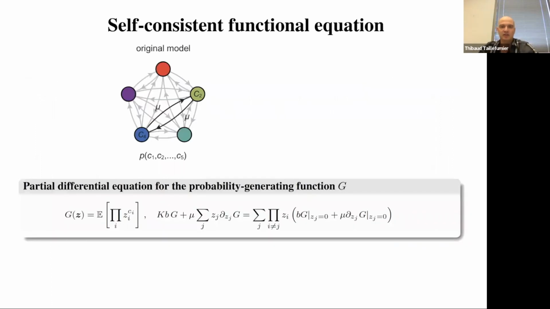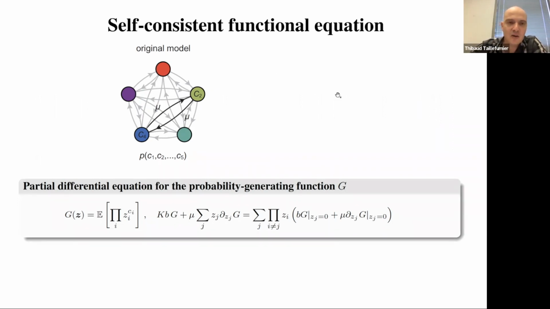Okay. So it turns out that for the simple model that I introduced, you can come up with those self-consistent equations that will allow you to compute the rate, which I will call beta, okay? So this is the problem we cannot solve.